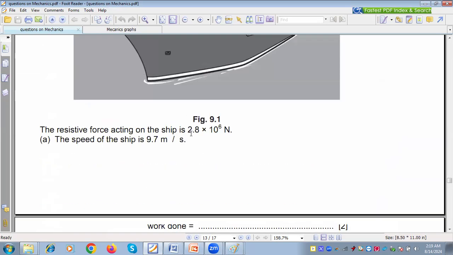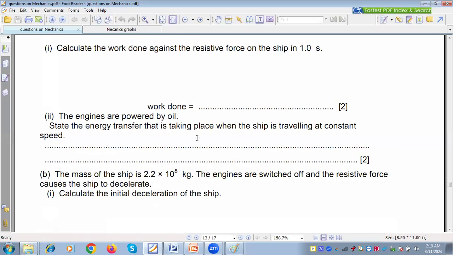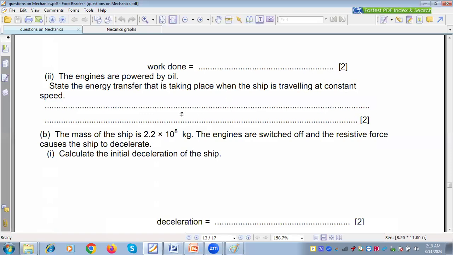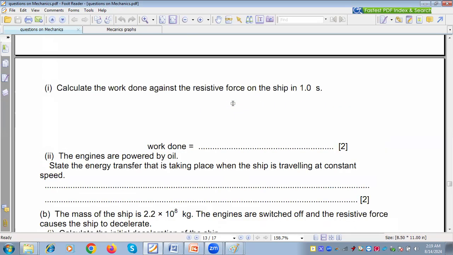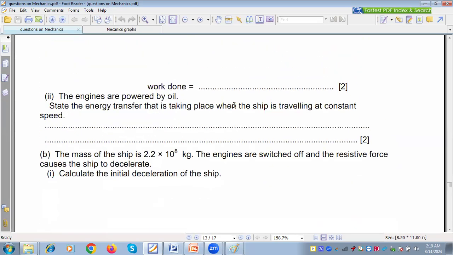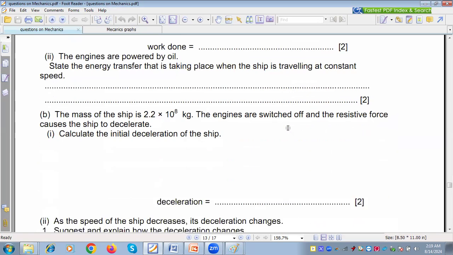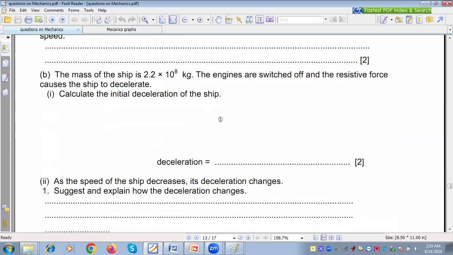How much was the resistive force? 2.8 into 10 to the power 6 Newton force was acting on it. It means the work done against the resistive force was appearing in the form of heat. So chemical potential energy of the fuel to the thermal energy, because kinetic energy is not changing, it is constant.